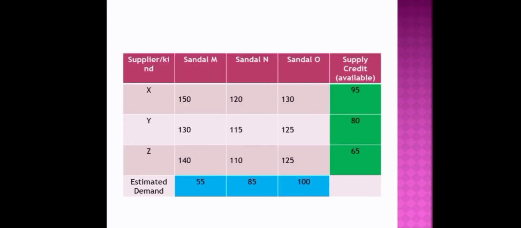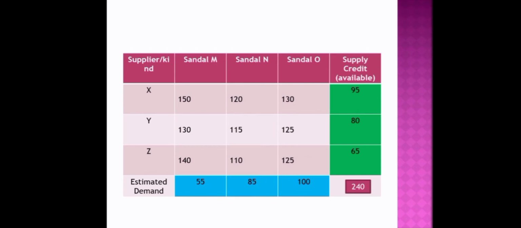Before anything else, we're going to identify if the problem is balanced or unbalanced. To identify this, we need to get the total sum of the supply credit and the total sum of the estimated demand. The total sum of the supply credit is 240 and the total estimated demand is 240.